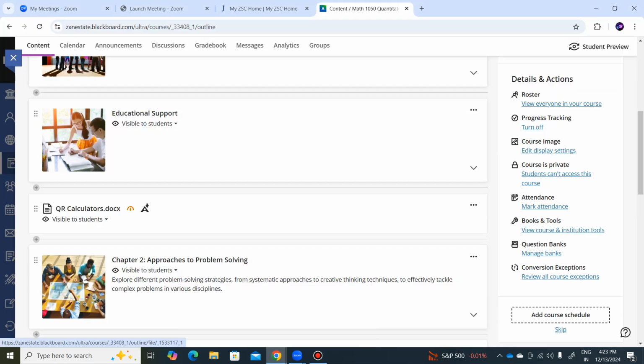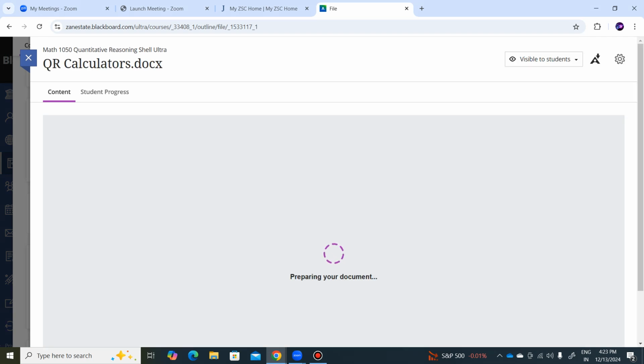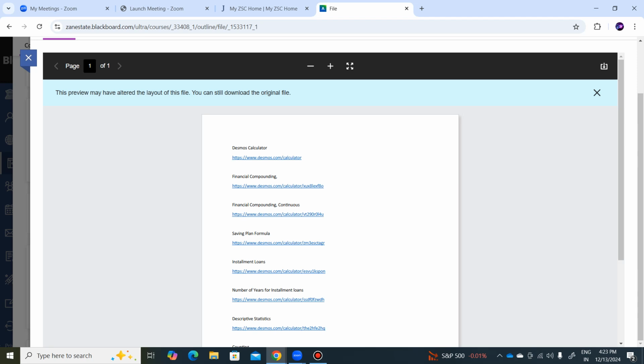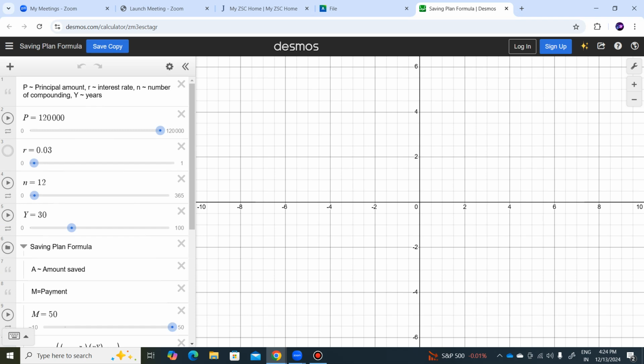Again, it's under the keyword calculators, so we can click on that, and we click on the one called savings plan calculator. Now, a couple of things.